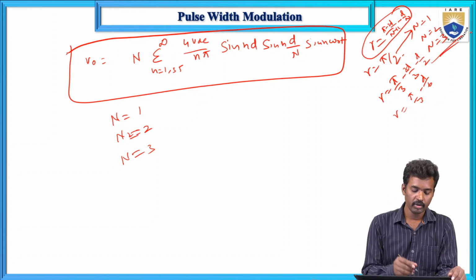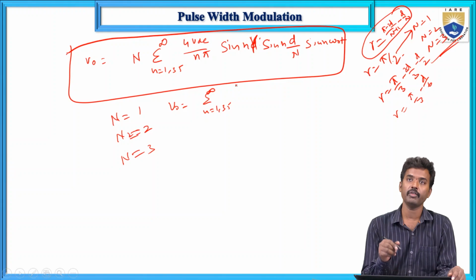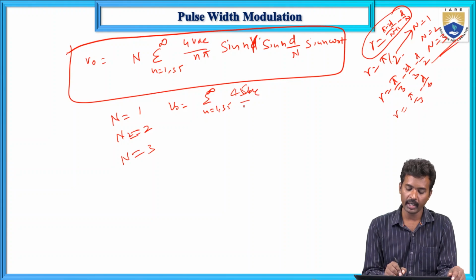Now for n equals 1, what is the formula? V0 = Σ (n = 1, 3, 5 … ∞), and here gamma equals π/2. Sorry, this is gamma. So gamma equals π/2, and for all odd multiples π/2, 3π/2, that sine value is always 1. So 4VDC/(nπ) sin(nd/2), with n equal to 1.